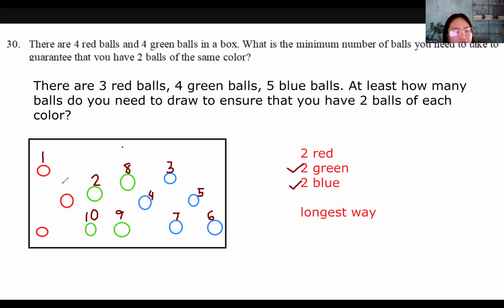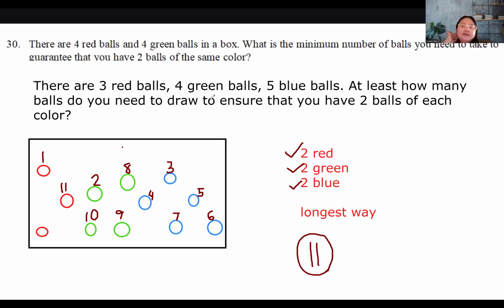So, on your 11th draw, you already have whatever is left is all red. So, you're sure that the 11th draw is already red. And this way, you have two reds that you have. Oh, how many or what's the longest way it took you? That is 11 draws of forcing you to be able to draw a red, two green, and two blue. So that's the answer.